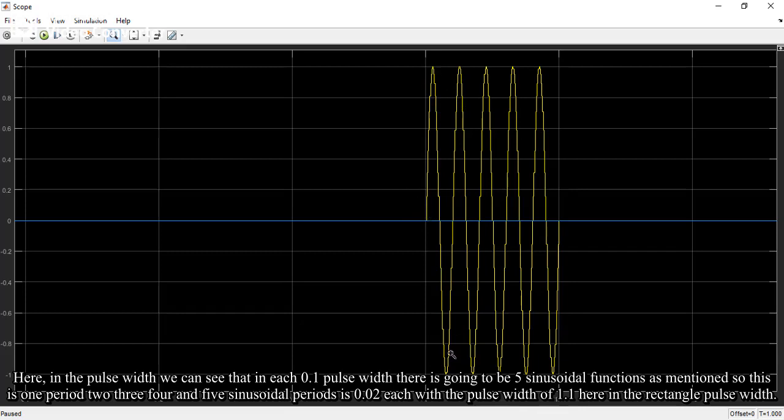So this is 1 period, 2 periods, 3, 4, and 5. 5 sinusoidal periods, which is 0.02 each, with a pulse width of 0.1 here in the rectangle pulse width.